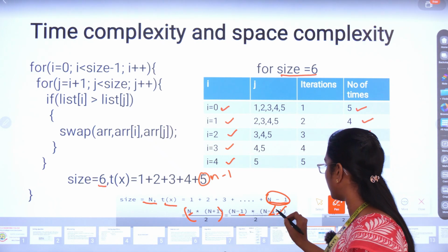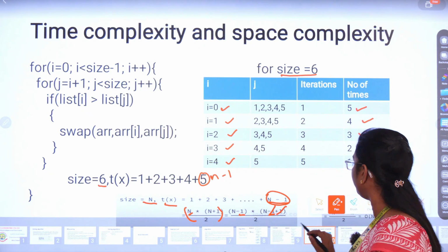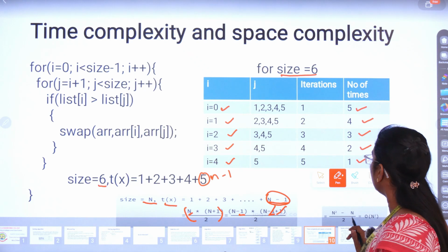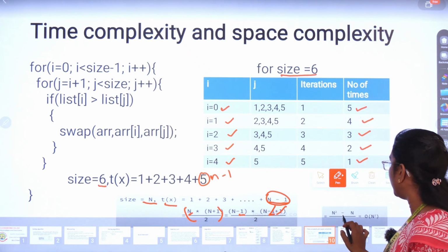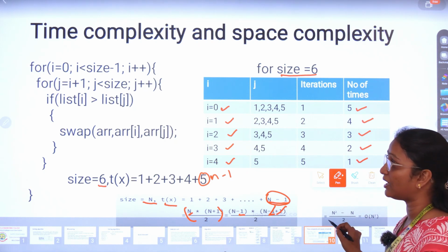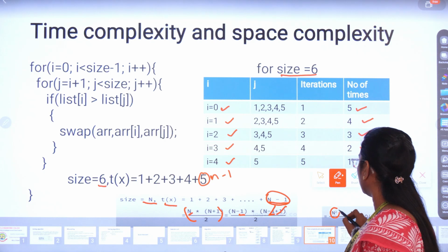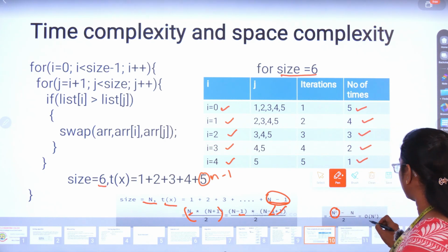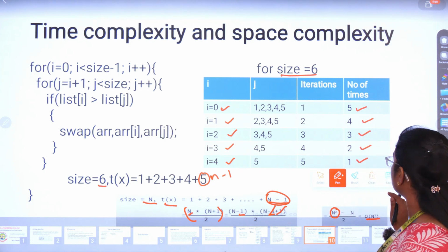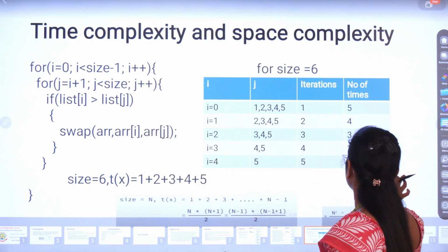Here minus 1 plus 1 cancel, so we get n minus 1 into n divided by 2, which is nothing but n square minus n divided by 2. We always take the highest degree as the time complexity, so it is order of n square. This is the time complexity of the selection sort algorithm.